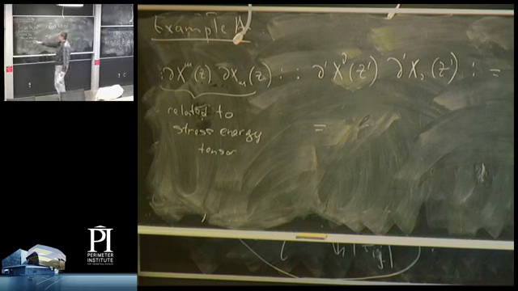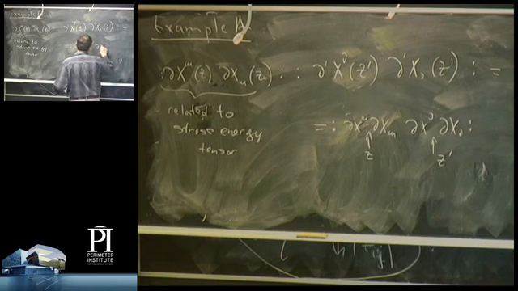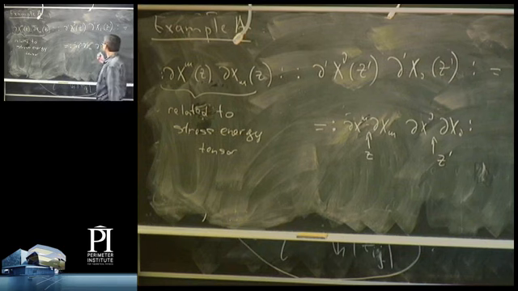Okay, so according to this rule, I have to write it down completely. X mu, del of x mu, del of x mu, del of x mu. So there is a normal ordering here, and so actually this operator doesn't have any singularity.